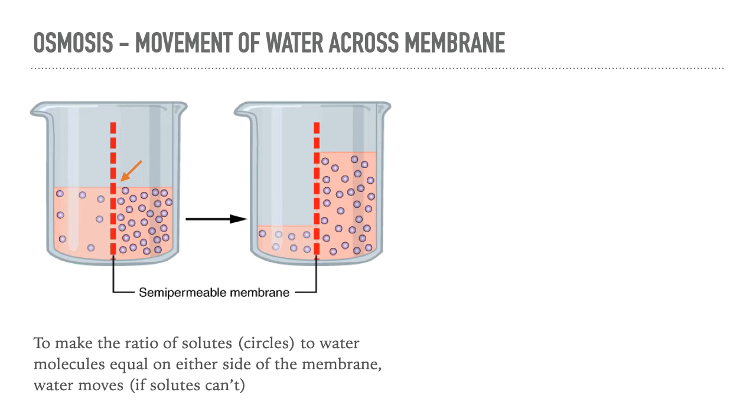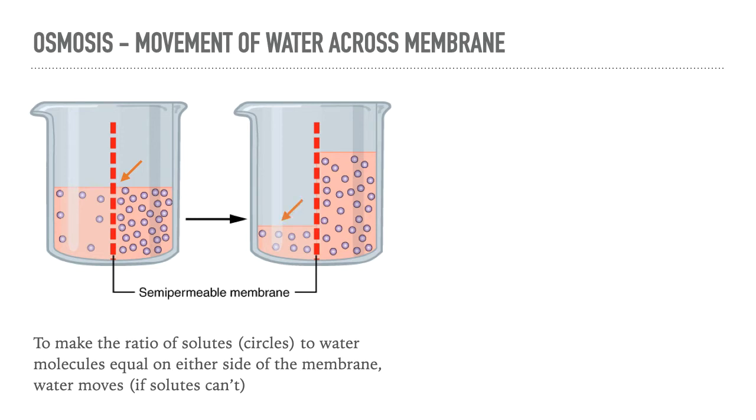On the right side, you have a lot of circles. Normally those circles would cross the membrane until the same number were on either side. But because this membrane is semi-permeable, it's not allowing those circles to move. So the other option occurs: since the circles can't move, the water is going to move until it equalizes the concentration.